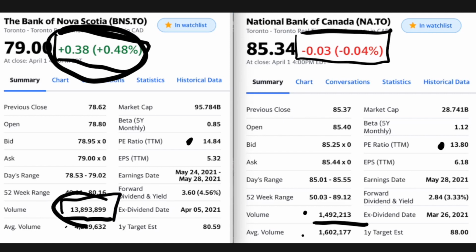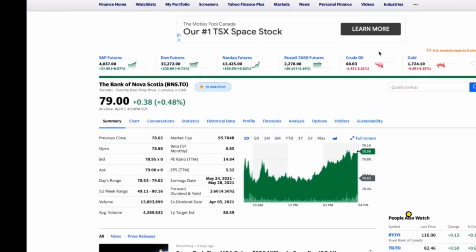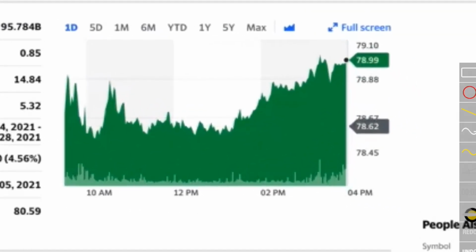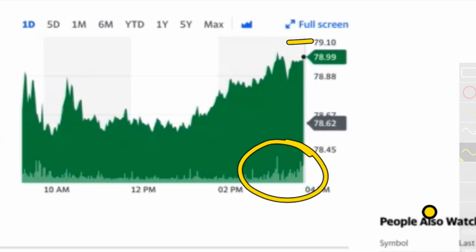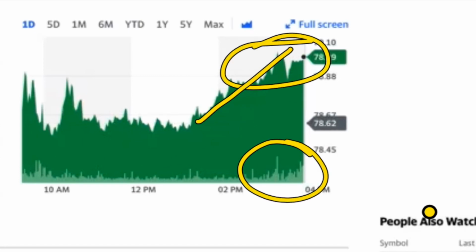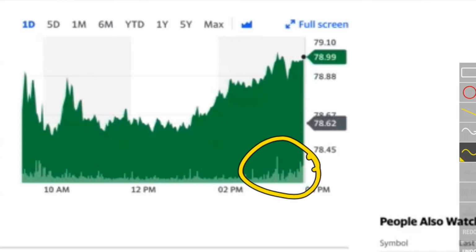There were a ton of people buying, especially at the close, and we can see that with the actual chart that I just so magically have here of the Bank of Nova Scotia, because I'm doing another video about the banks, or at least recording them today. And as we can see, there was a high amount of volume at the close, which was why the stock rose. There were a lot more people buying than there were selling.